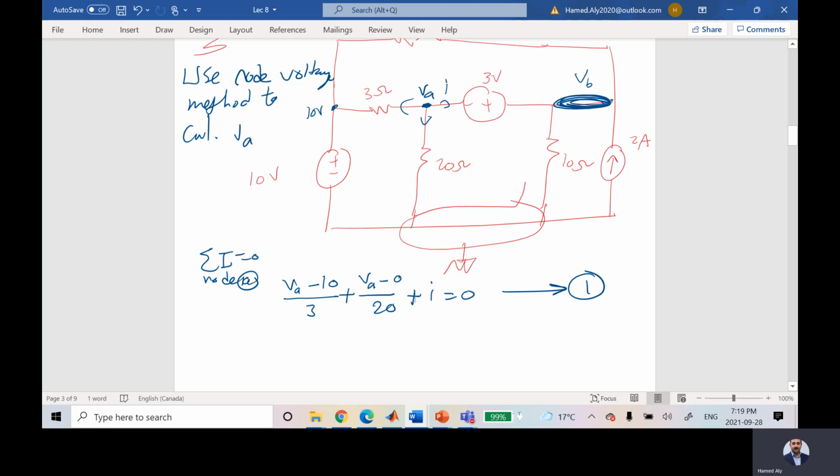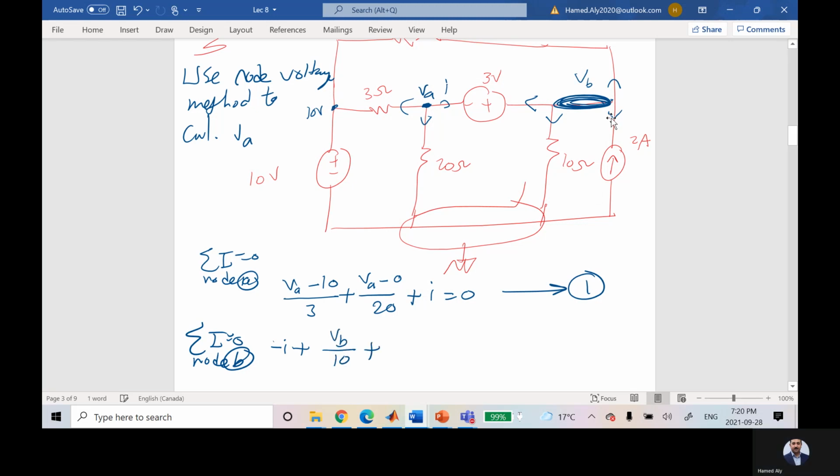The second equation, summation I is equal to 0 for node B. I have this current, this current, this current, and this current. So this current is what? It's minus I. Plus this current is VB minus 0 over 10.